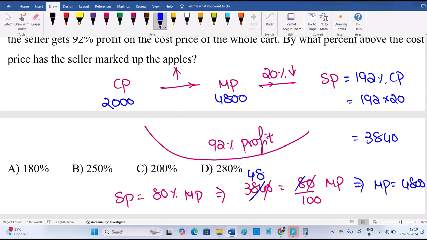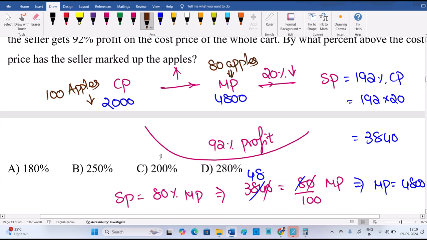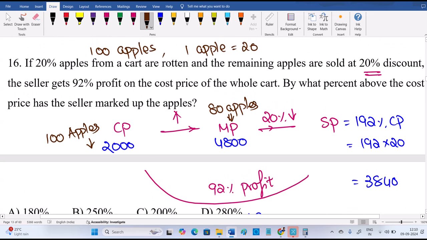The answer is not completed. Listen, here 100 apples, but here 80 apples only. My dear friend, listen, here 80 apples only. Why, sir? That is the extra point. 20% of the apples are gone, rotten.